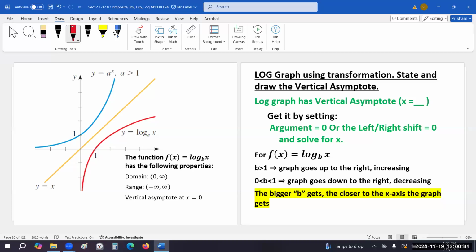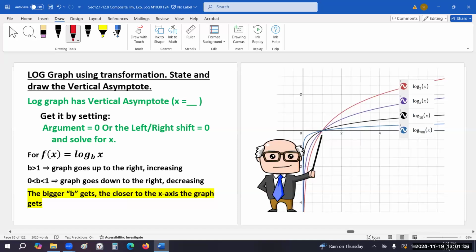Just like exponential, if the base is bigger than 1, then the log graph is an increasing graph. But if the base is a fraction, then it's a decreasing graph. And the bigger the number we have on the base, the closer it gets to the x-axis. For example, observe this log has base 2. So this is the graph.